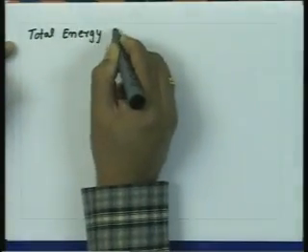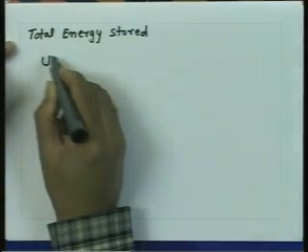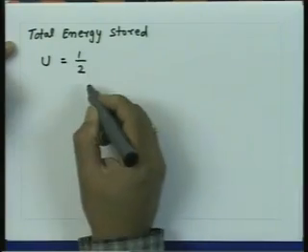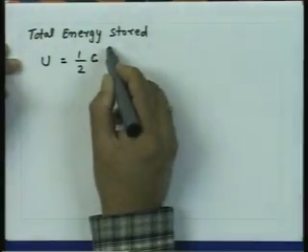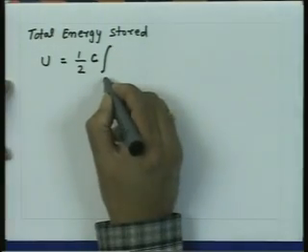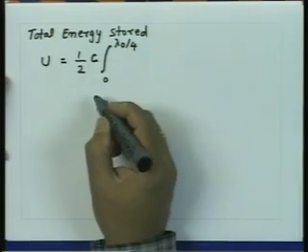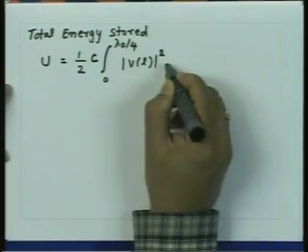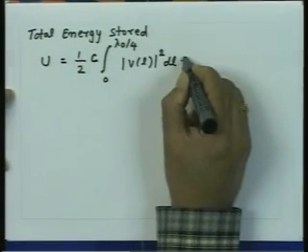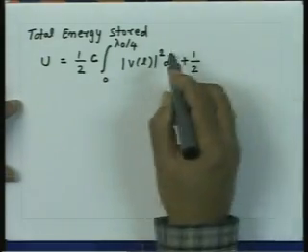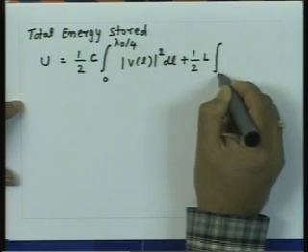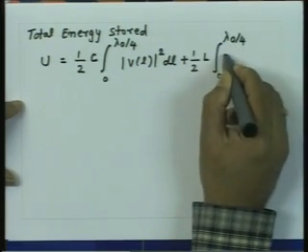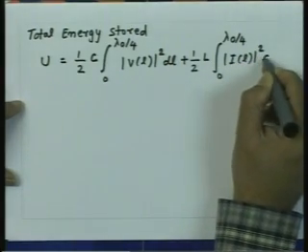So, once I get that, the total energy stored in the transmission line, let us call that U, will be equal to half C, the integrated version over the length of the line, from 0 to lambda 0 by 4, mod of V of L square into dl, plus half L, again from 0 to lambda 0 by 4, mod of I of L square into dl.